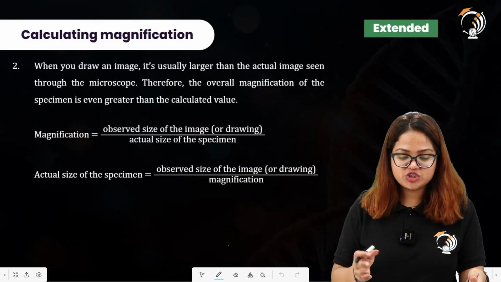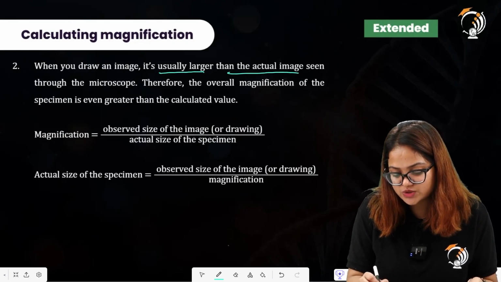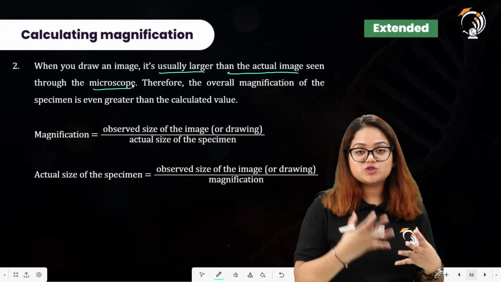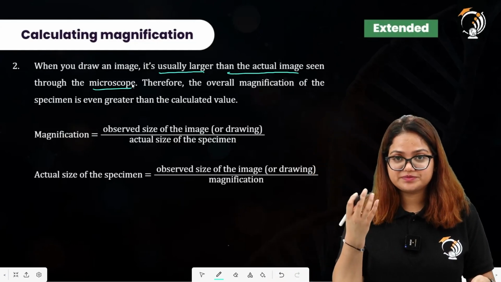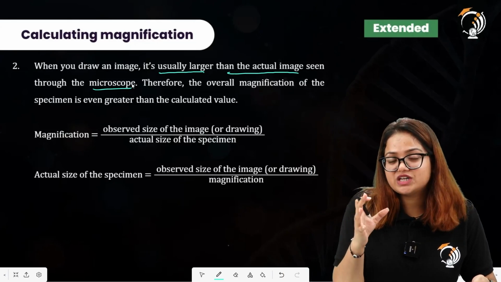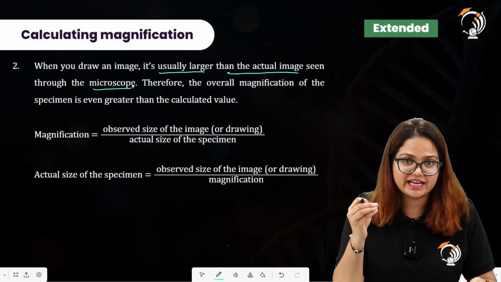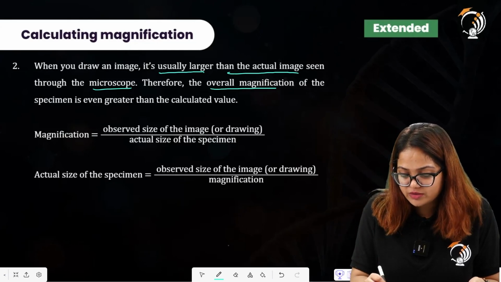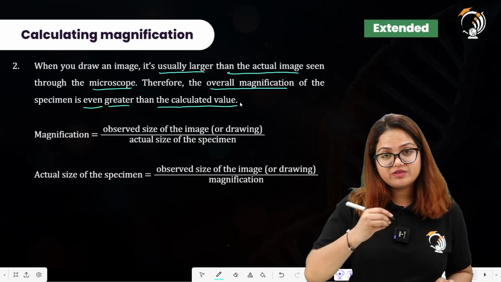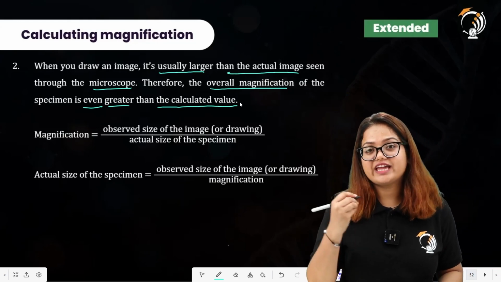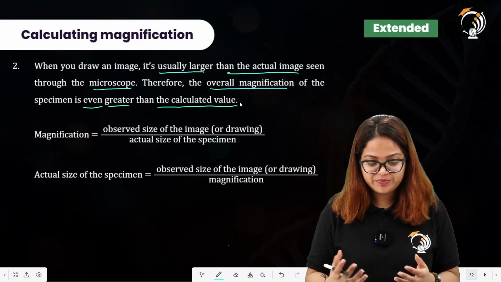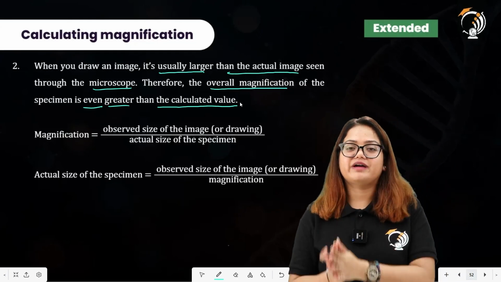When you draw an image, it's usually larger than the actual image seen through the microscope. That's why we use the microscope. Microscopes are basically used to observe those structures that are not visible to the naked eye. So the overall magnification of the specimen is even greater than the calculated value when we hand draw any cell or image.